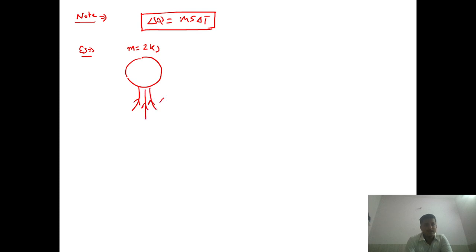The heat supplied is 200 joule, and its temperature is increased from T initial, 25 degrees Celsius, to T final, 26 degrees Celsius. The question is: find the specific heat.